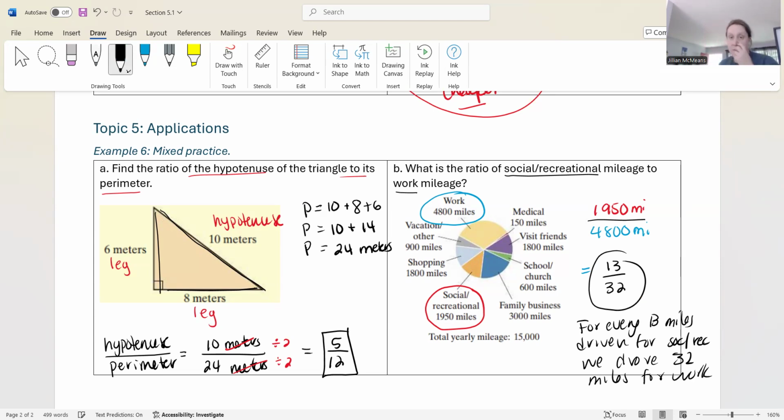It's just a way of comparing things. So again, for every 13 miles you drove for social and recreation, we ended up driving 32 comparable miles for work. Again, a very classic example of dealing with ratios and rates would be having a pie chart or a circle graph like this, where you have something broken up into different categories and you compare different categories.